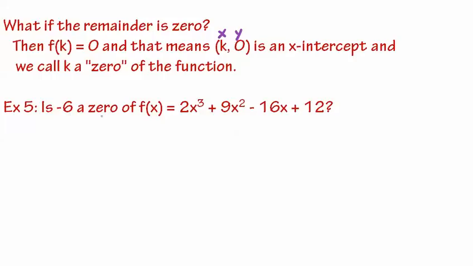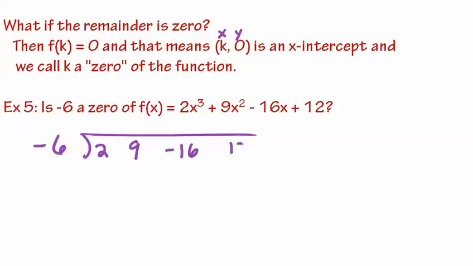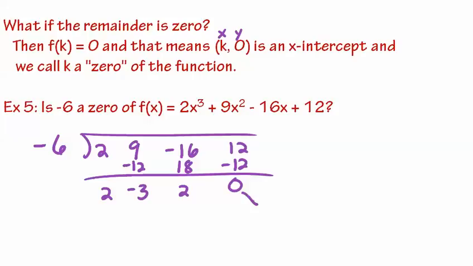Is negative 6 a 0 of this function? Well, let's find out if we do synthetic division. Do we get a remainder of 0? And there's our remainder of 0.